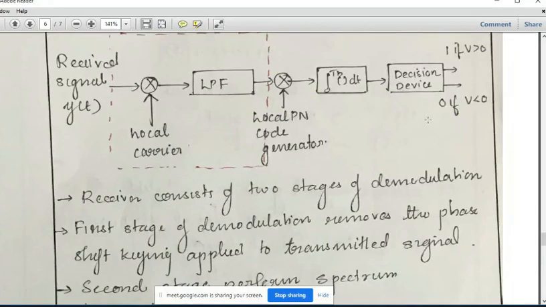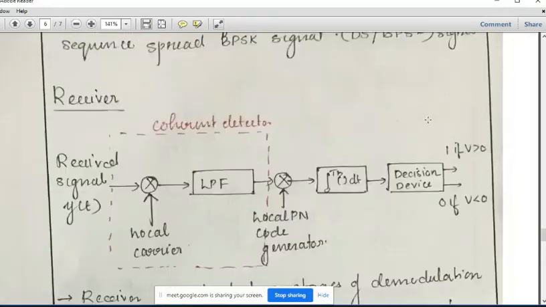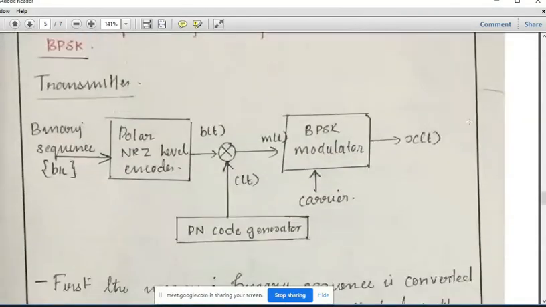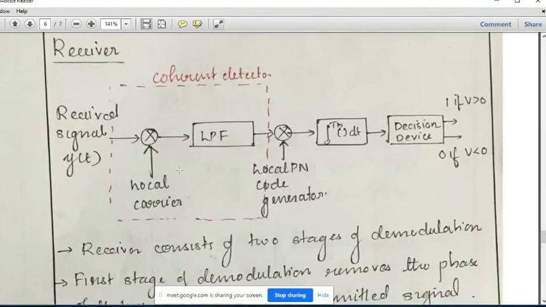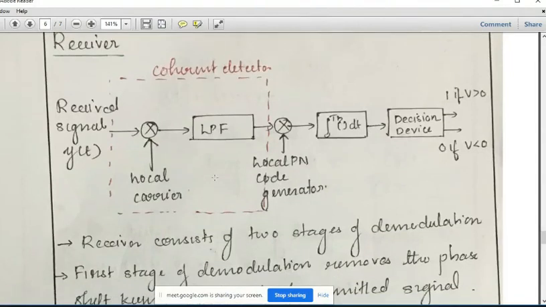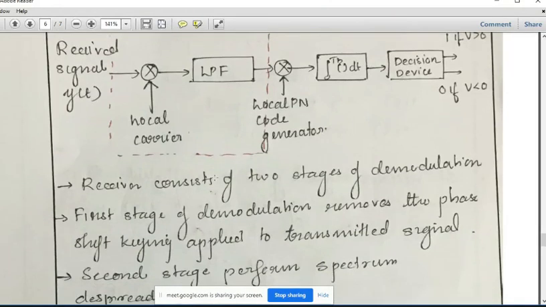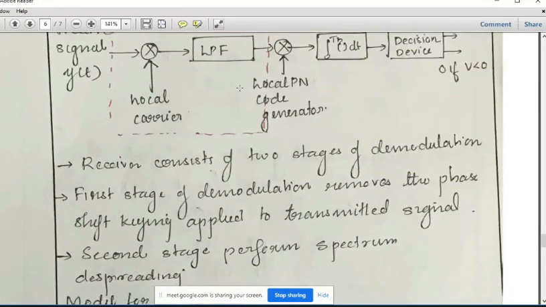Binary phase shift keying was applied by the modulator at the second stage of the transmitter, so in the receiver we first remove the phase shift keying. To do this, the received signal is given to a product modulator supplied by a local carrier, the same carrier that was used at the BPSK modulator on the transmitter side. This removes the phase shift keying, and the result is given to a low pass filter. The second stage performs despreading.